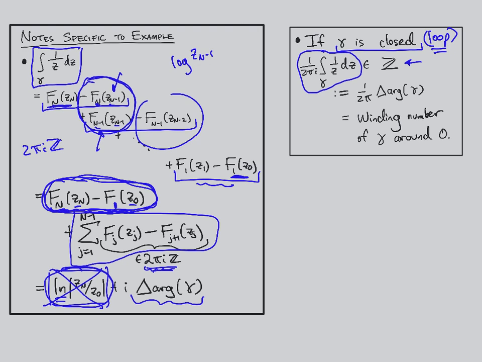Here I've divided out, so I just get an integer. And so this will be 1 over 2 pi times what we'll call the change in the angle or argument of gamma. And this is what's called the winding number of gamma around 0.